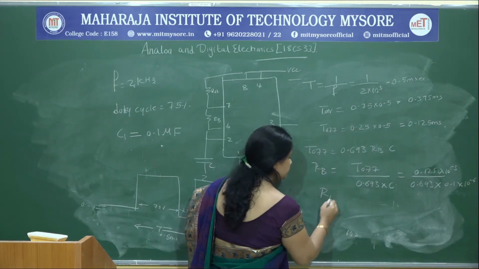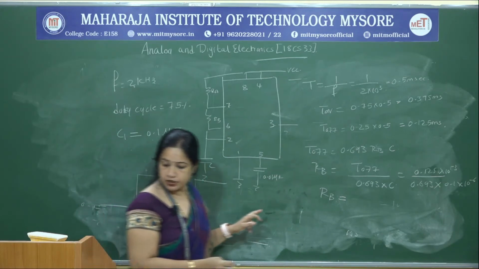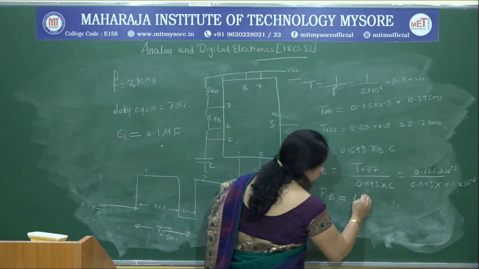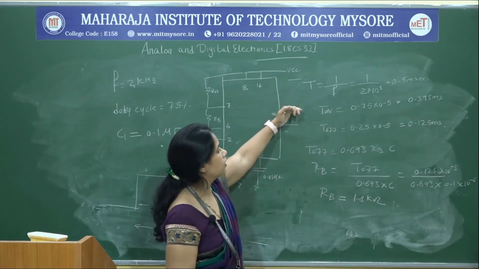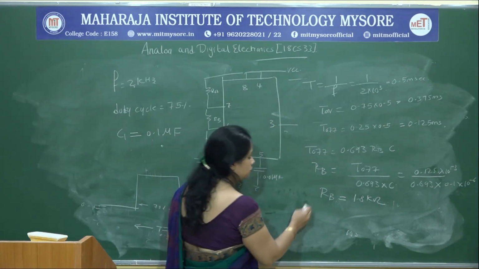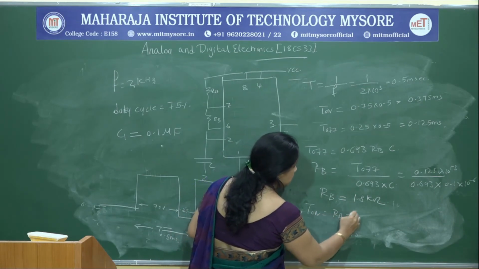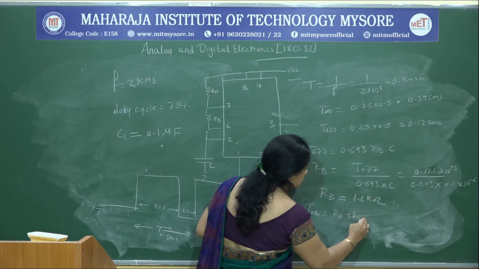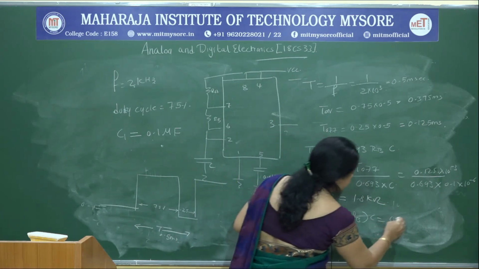So, substituting, RB is going to be 1.8 kilo ohms, and you substitute this value for finding out RA, using T on as (RA plus RB) into C, which is 0.375.